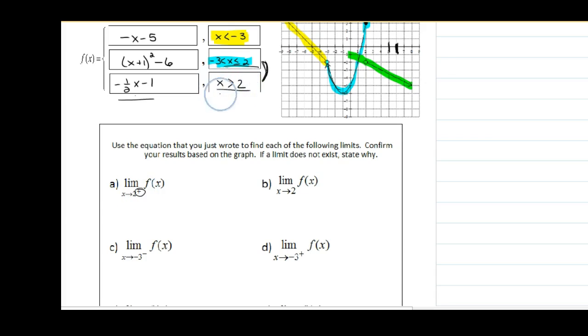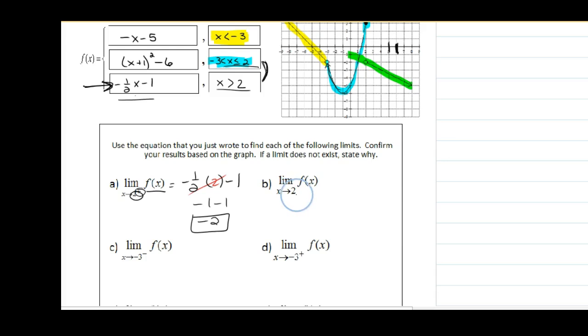Well, this is the one that uses greater than. So I'm going to evaluate my function f, using this part of the function, at x equals 2. So I take this -1/2 x minus 1 and evaluate it at 2. I get -1 minus 1 is -2.